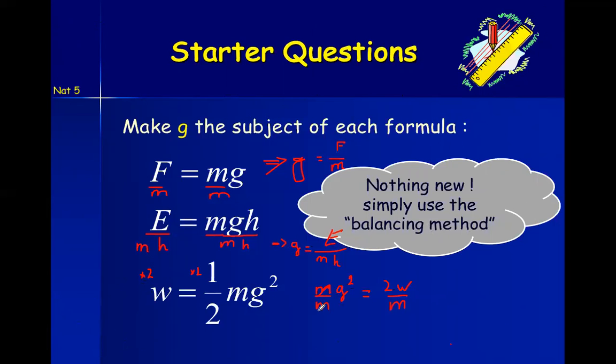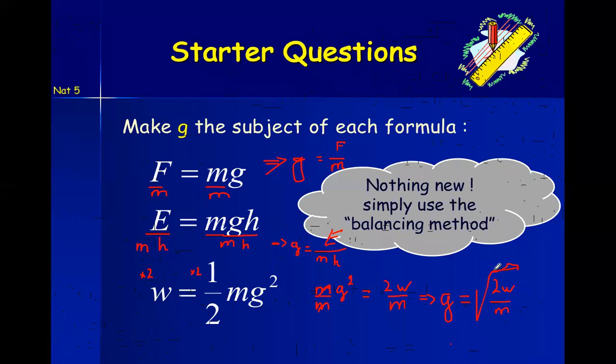That means these two simplified. And what we said was the opposite of squaring is taking the root. So G is just square root of 2w divided by m.